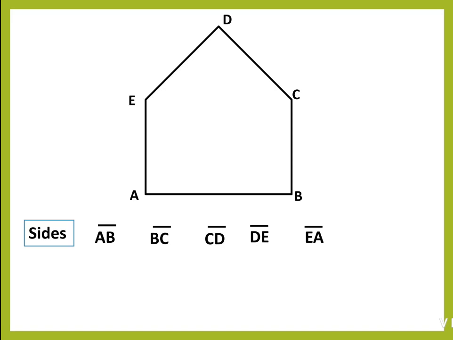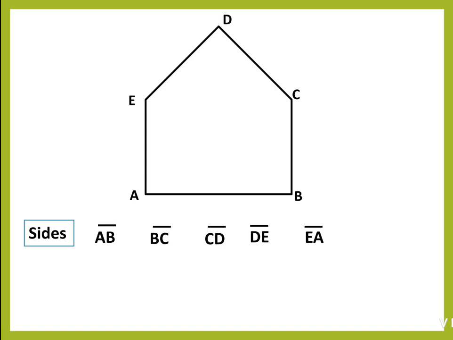Side EA and BA meet at the point A. So A is called vertex.